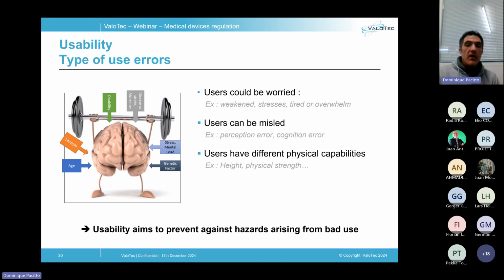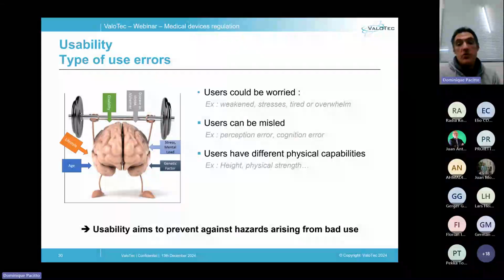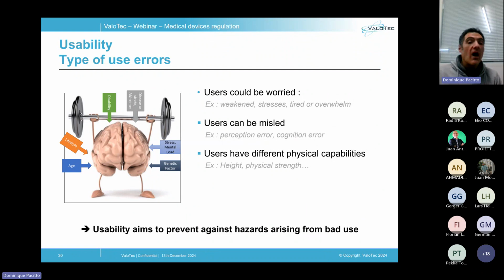And the third type of error of use is manipulation error. For example, when the user has difficulty reading the instruction because the screen is too small or the font is not correct, or when the user has to carry heavy loads and situations like that.